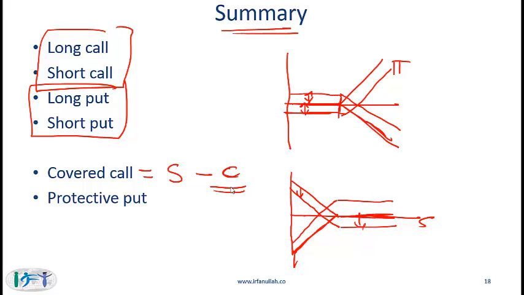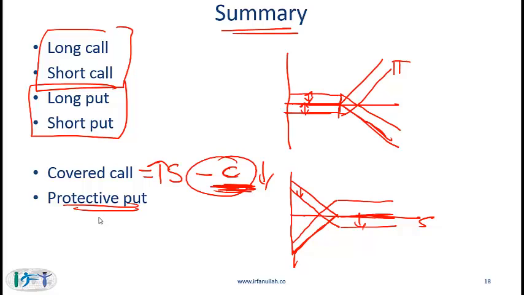So there is some benefit. This reduces our loss. That benefit comes at the cost of losing upside potential. So we make a little bit of money if the stock price stays the same, or if the stock price increases a little. But if the stock price keeps increasing, then S goes up, but because we are short on the call, the benefit is neutralized.